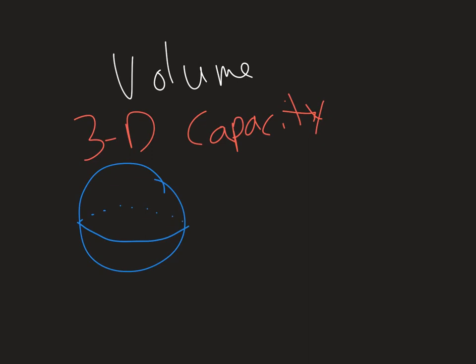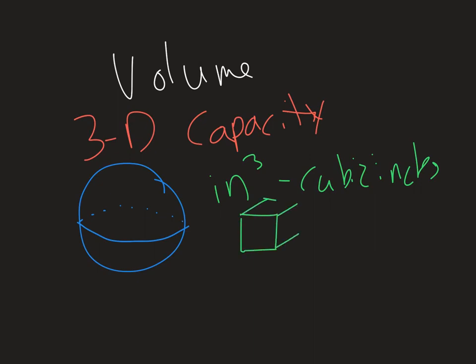So there are a lot of ways you can measure volume. There are the typical units where we think about, say, for example, cubic inches. This would be, how many of the little cubes that are 1 inch by 1 inch by 1 inch, so 1 inch in width, 1 inch in depth, and 1 inch in height, can I fit in this sphere?